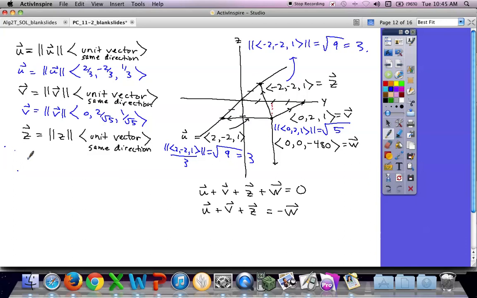Okay, and the last one, doing the same thing: what would be the components of the unit vector in the direction of z? Here's the direction of z, and the magnitude of that vector is 3. So negative 2/3, negative 2/3, 1/3.